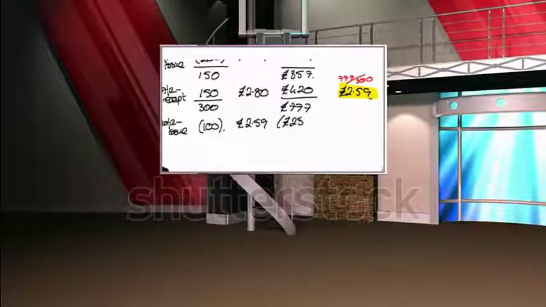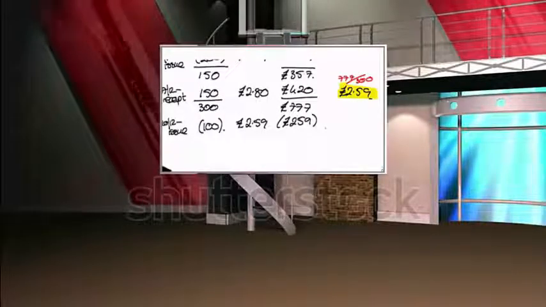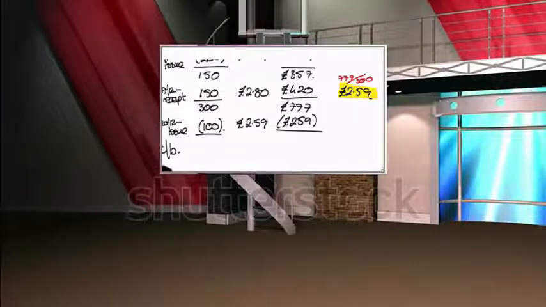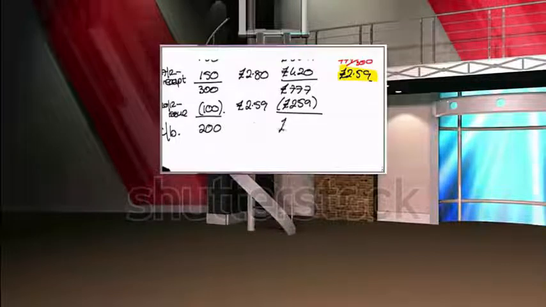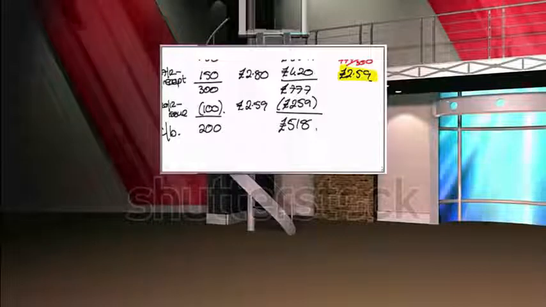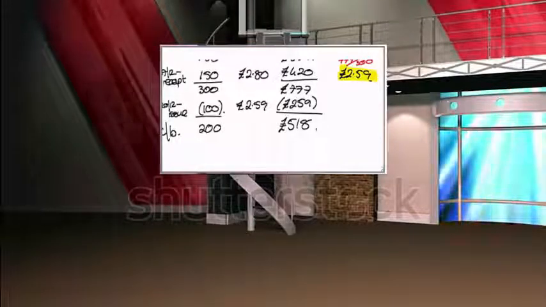So the total value of the issue is £259. So at the end of the period then, we have a closing inventory of 200 units with a value of £518. So that will be our opening inventory for the next period.